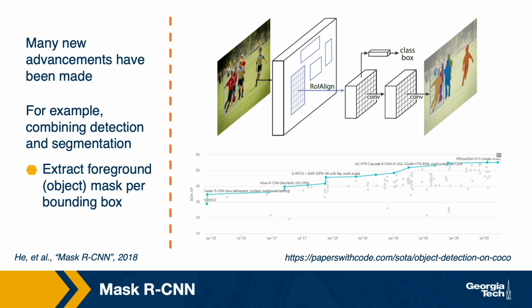And so over the years, there's been many algorithms that have improved the mean average precision of, for example, object detection and segmentation in data sets such as COCO. So on the lower right, you could see again a nice graph. This is from a website called Papers with Code, which tracks the state of the art across various deep learning and other AI machine learning tasks.